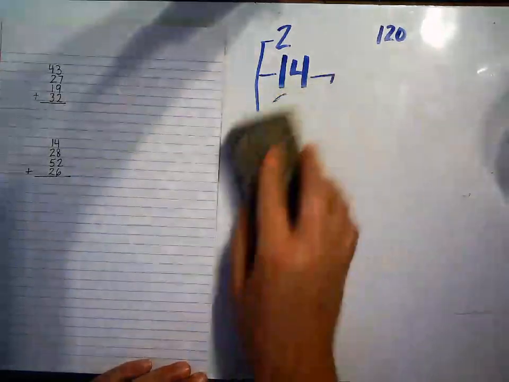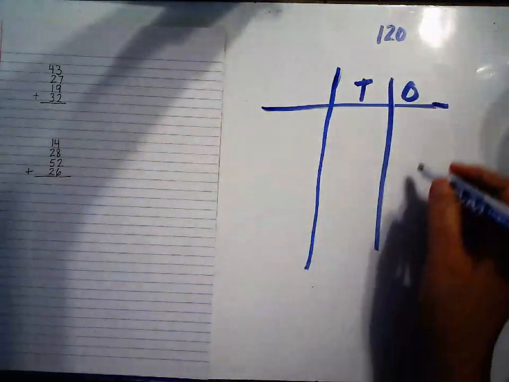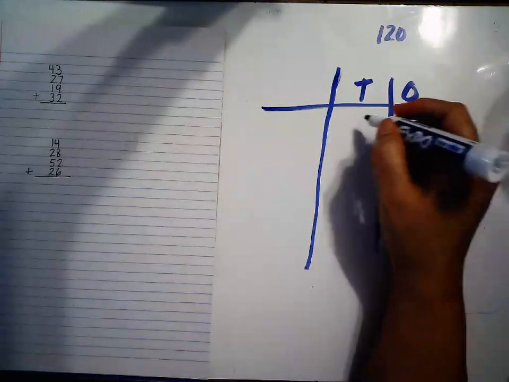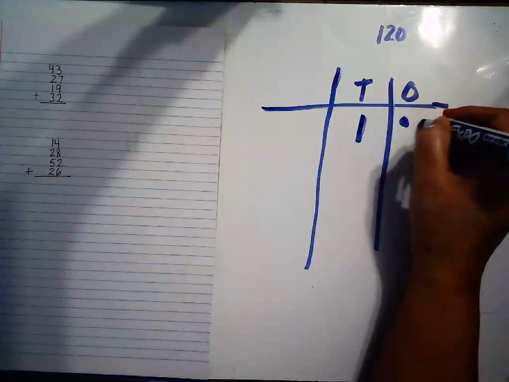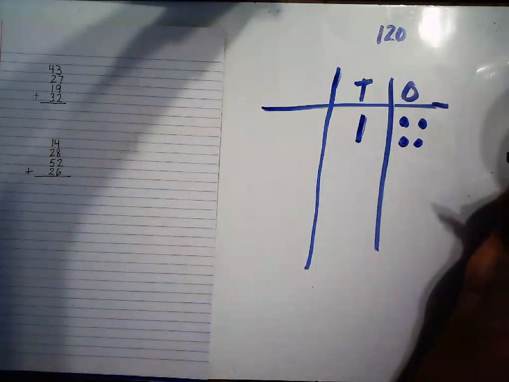So we're going to work the same problem, however, this time with my pictorial representation, and I'm going to do my 1s and my 10s. And so I'm going to start with my 1s. My first number is 14. Do it carefully.